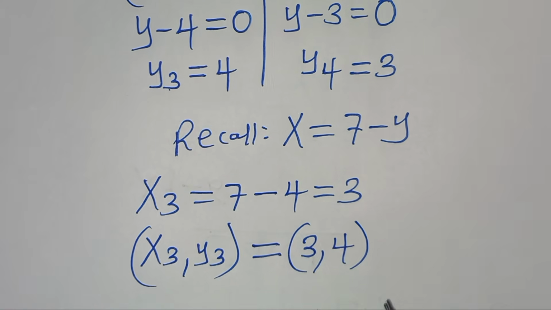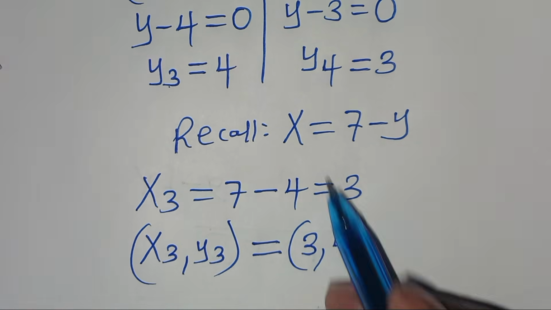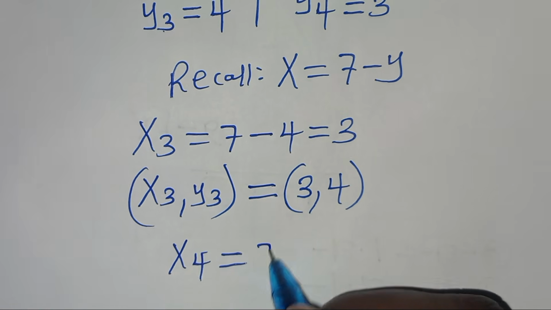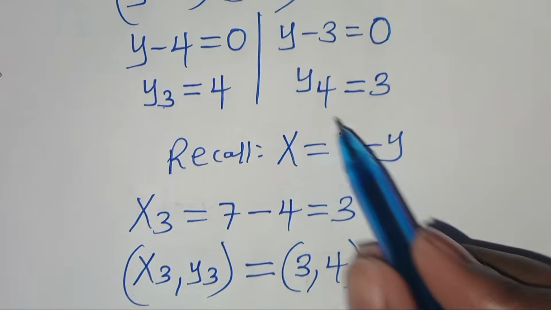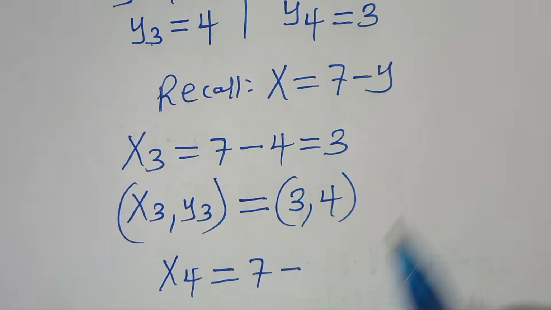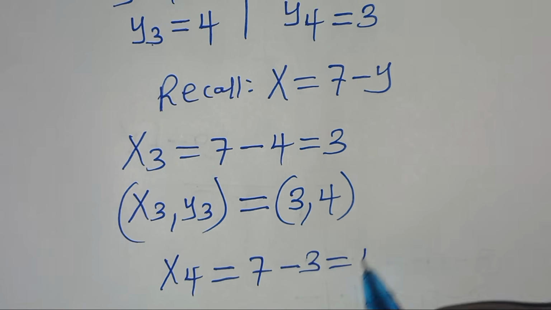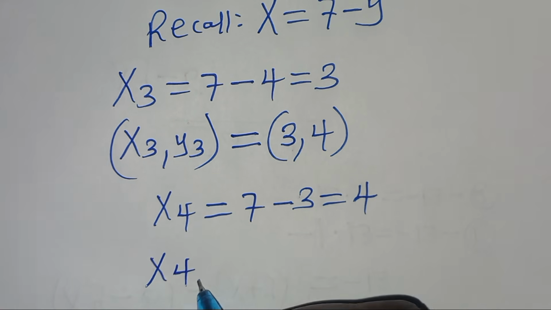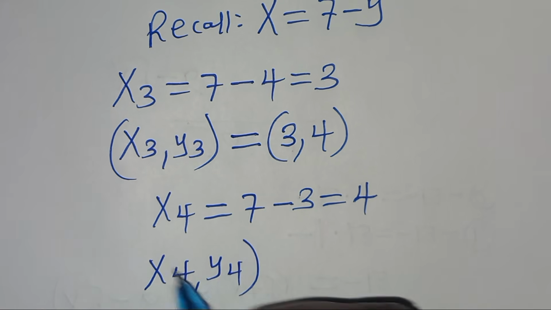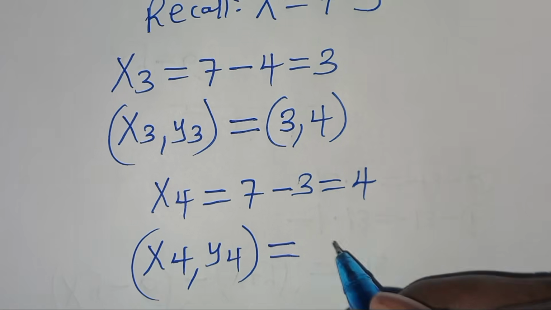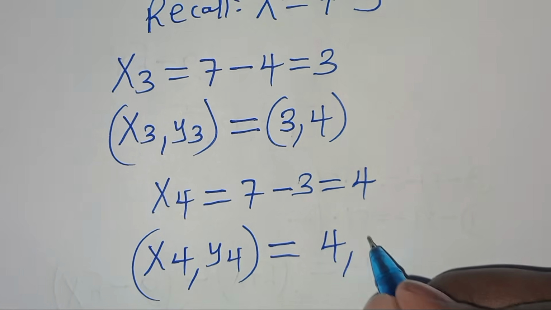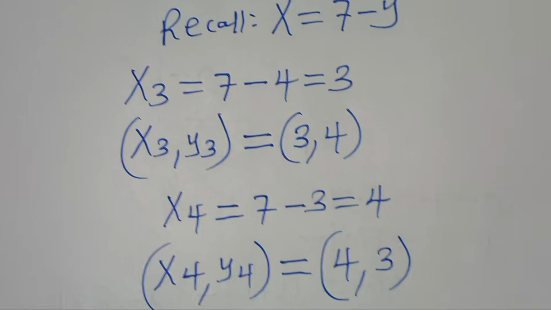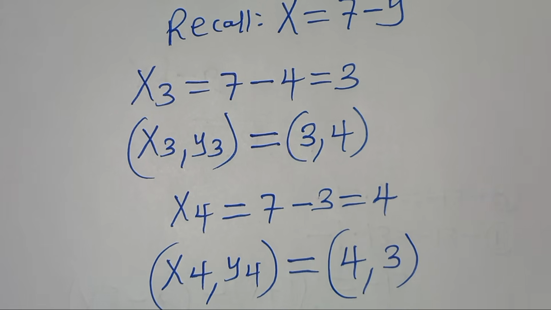Now let's solve x4. x4 will be equal to 7 minus y4, which is 3. So subtract 3, and this is equal to 4. So we have the fourth set of solution, x4 comma y4, equal to 4 comma 3. So we have 4 sets of solutions for this algebra problem.